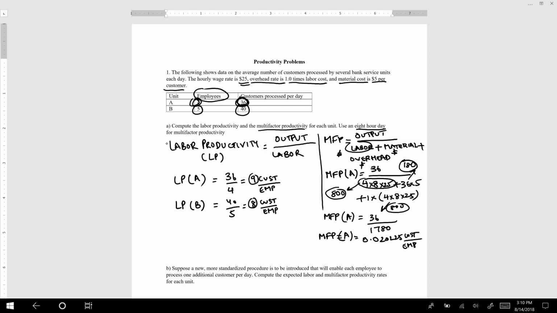So that means not per employee, per dollar. That means for every $1 available, we will be able to process 0.020225 customers.